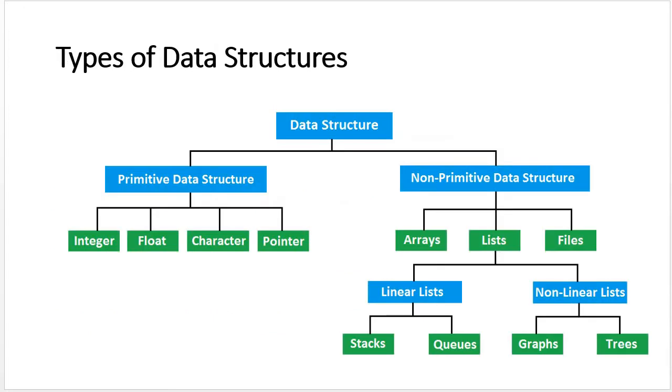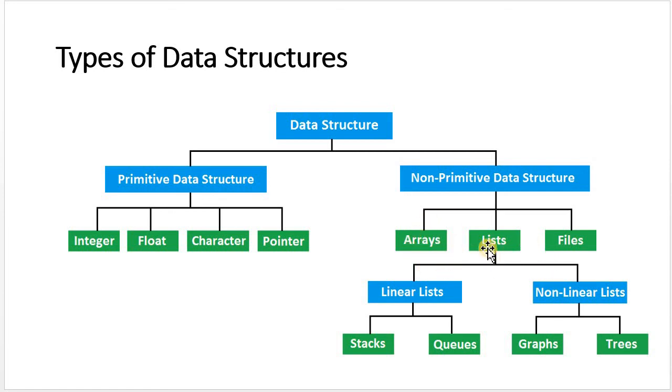Basically, there are two main types of data structures: primitive data structures and non-primitive data structures. Integer, float, character, pointers, all these data types come under the primitive data structures. Whereas the non-primitive data structures that you are going to learn in this semester are arrays, lists, and files.